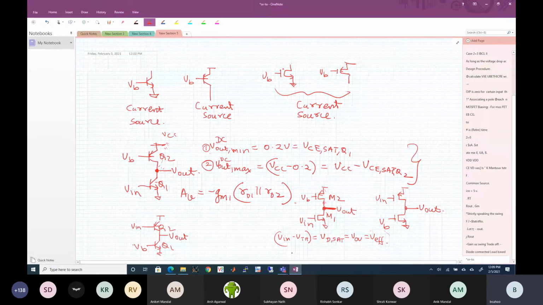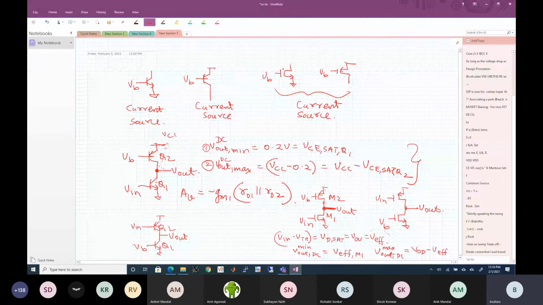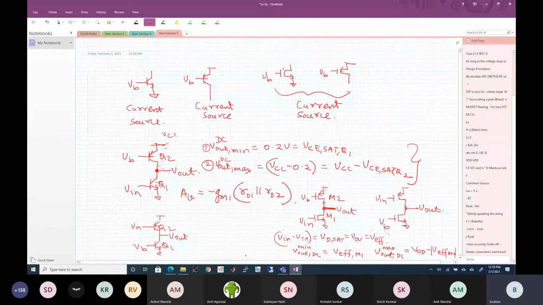Therefore the minimum DC output voltage is equal to V effective of M1 and the maximum V out DC max equal to VDD minus V effective M2, but V effective M2 should be a negative number because it is PMOS, so I will put an absolute value around it.